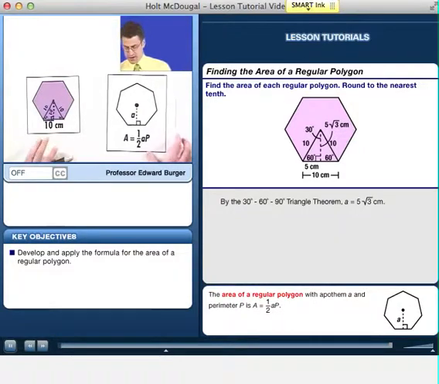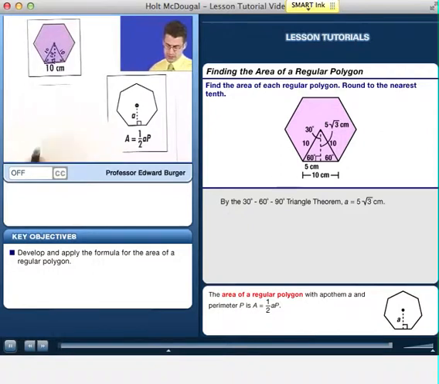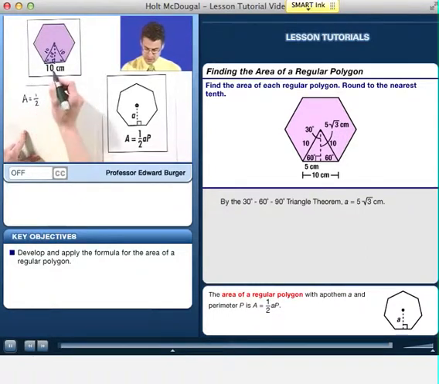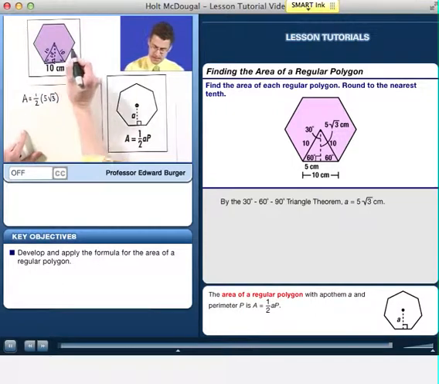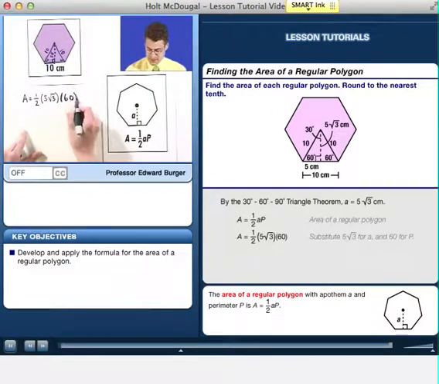So, the area, for all that work, is given by this formula: 1/2, that length we just found, 5 square root of 3, multiplied by the perimeter. So the perimeter isn't just 10, it's going to be 10 plus 10 plus 10 plus 10 plus 10 plus 10, also known as 60.